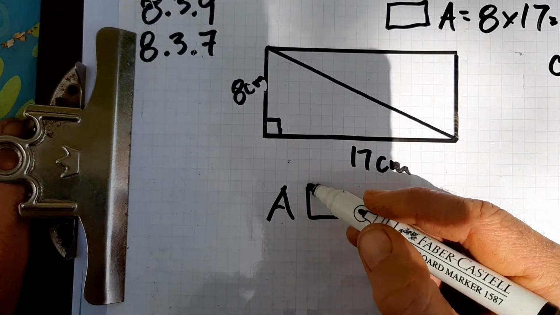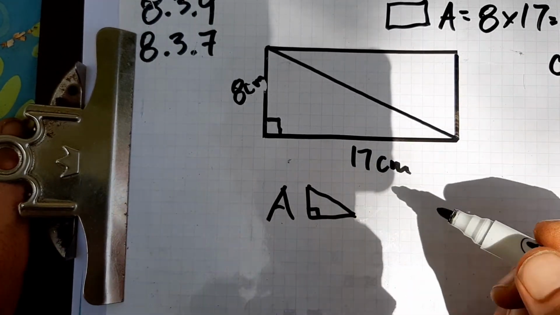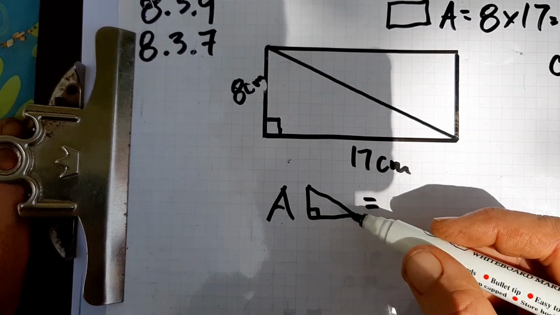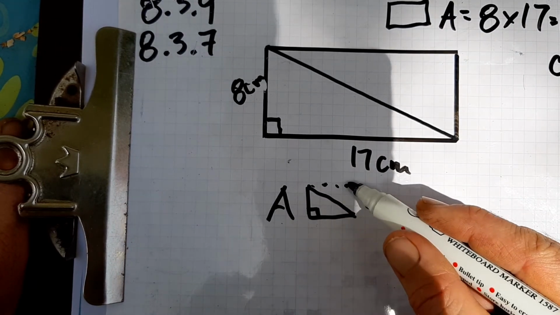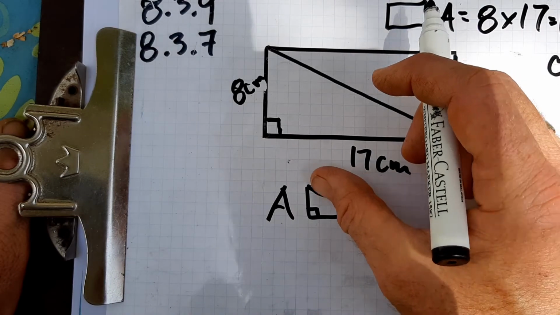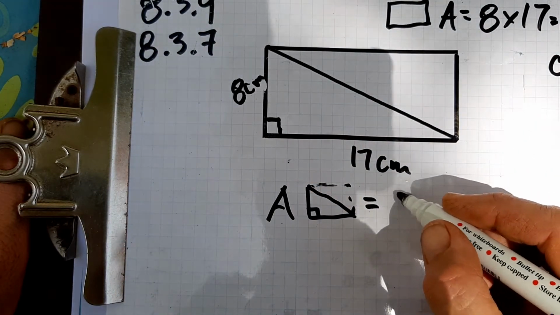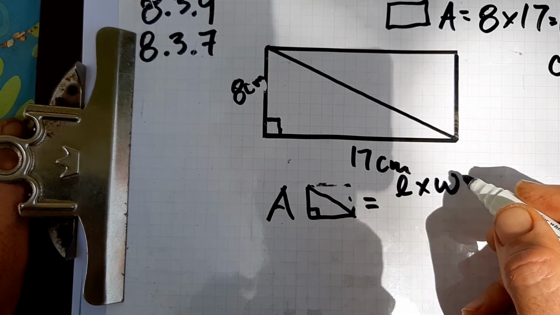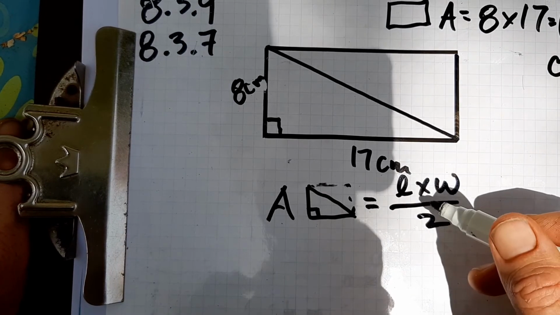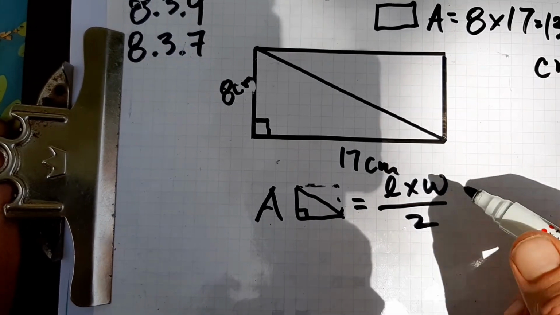let's see the area of this triangle area. It's half of the area of if it was this rectangle, right? So I'm going to do length times width divided by 2, or 1/2 base times height. You've heard that, same thing.